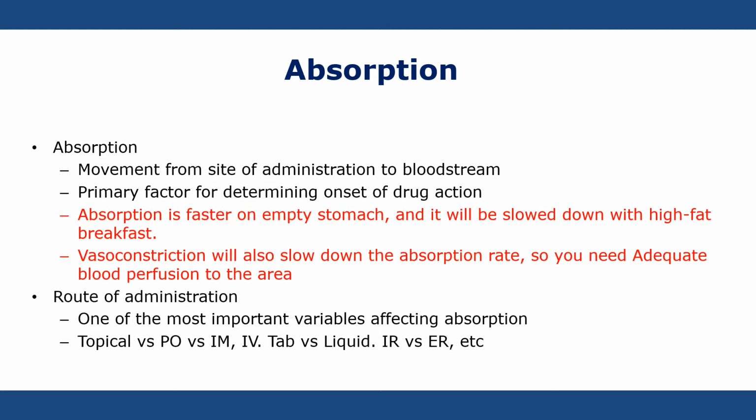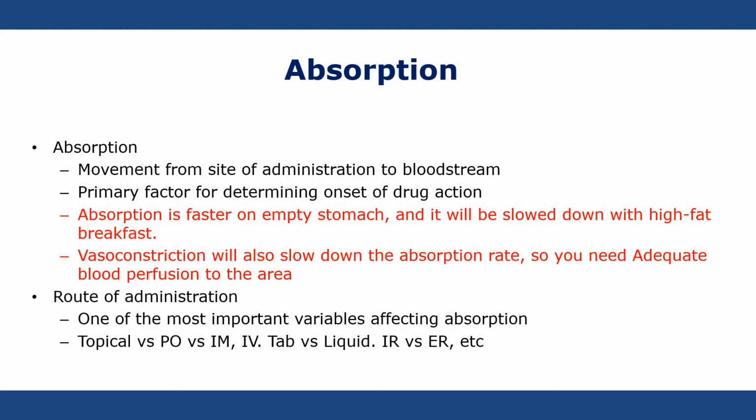All right. So one of the main factors or variables for absorption, a different type, different rate of absorption, is really the route of administration. As I mentioned before, PO is going to be slower than IV, and so forth. And another interesting point is the form of the medication.